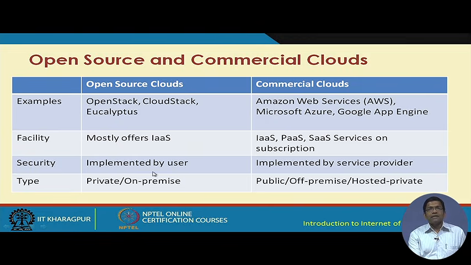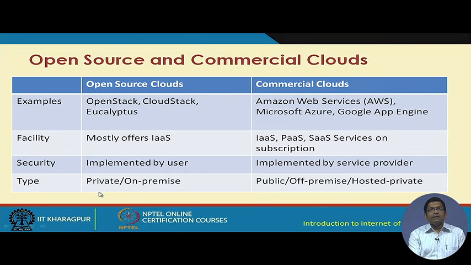In terms of security, these security issues are implemented by the user, that means by the customer at the user end, and in commercial clouds, the security components are implemented by the service provider.